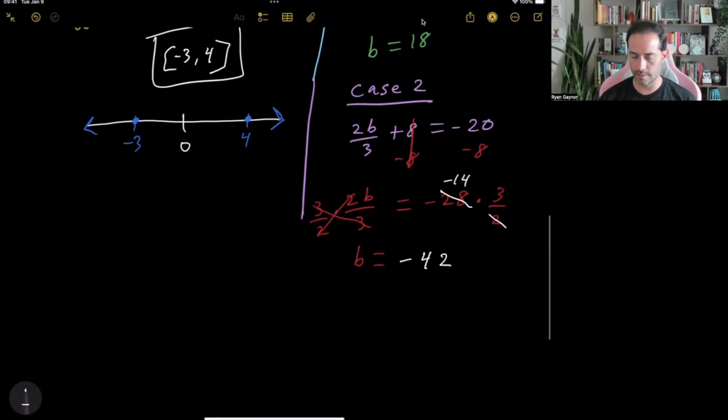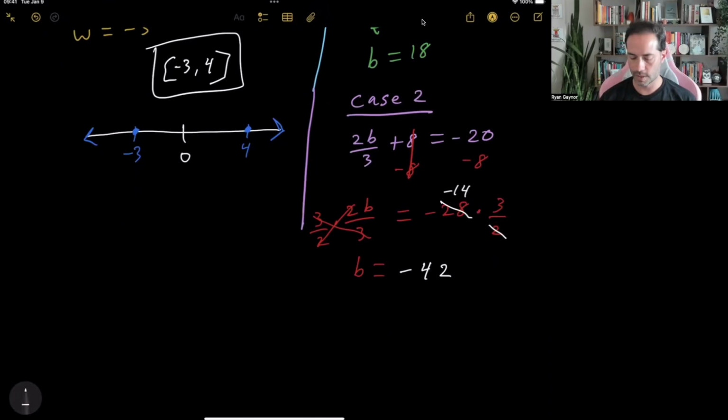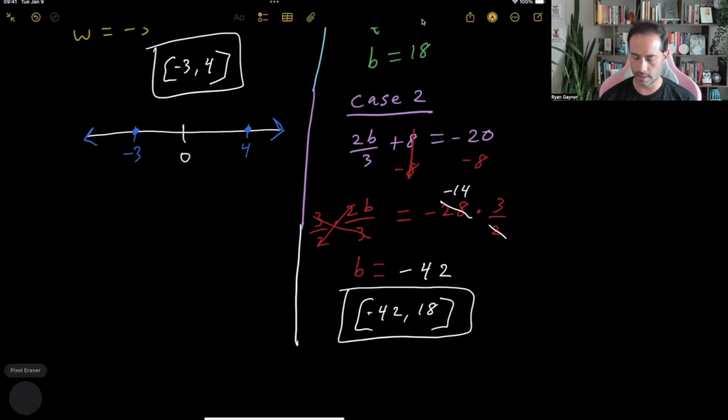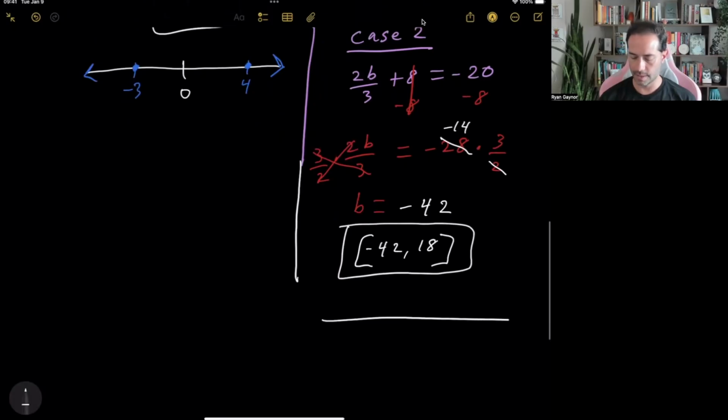Then we have our solution set, which is 18. Let's put the negative first: negative 42 and 18. And then we have to graph it.